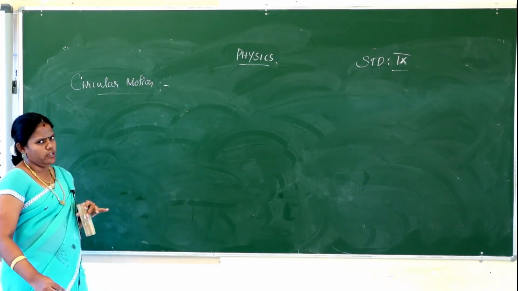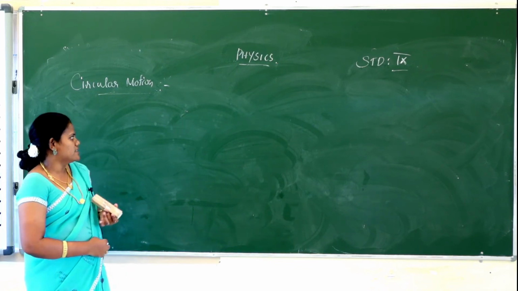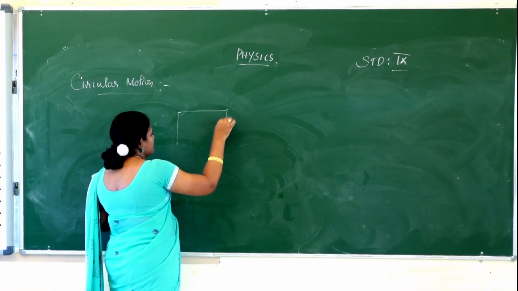In circular motion, a body moves in one direction. Suppose we consider a square. A square has 4 sides.